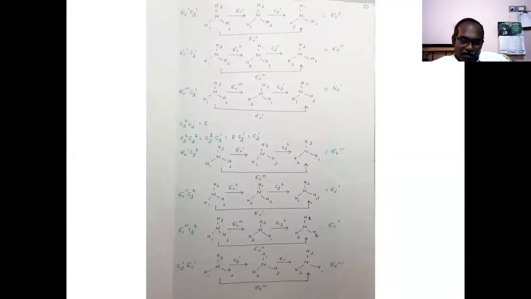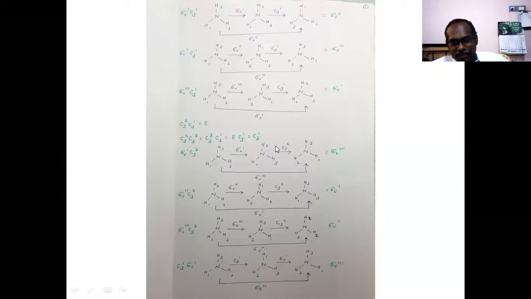Now look at the other operation. Look here. Sigma V1, C3 twice. What is sigma V1? It is the reflection about the plane which passes through NH1. So, as a result, hydrogen 1 remains in its own place. 2 and 3 are interchanged because of the reflection.